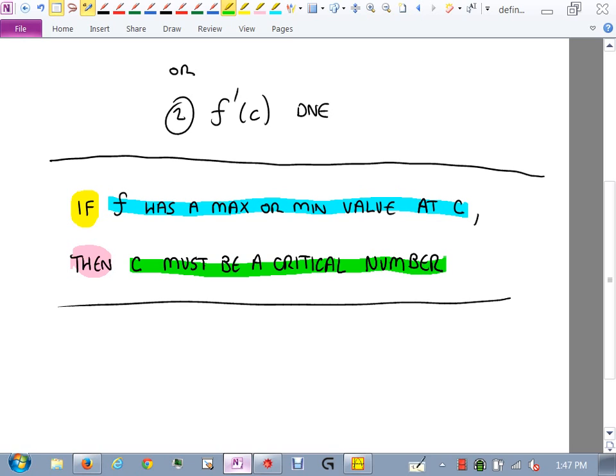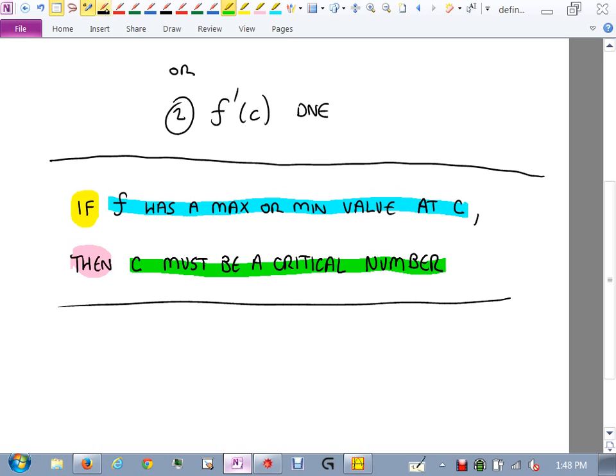If the blue is true, then the green is true. That's what that's saying. If your function does have a maximum or a minimum, then I promise you that the place where it's happening must be a critical number. That means the derivative must be 0 or the derivative must be undefined there, right?